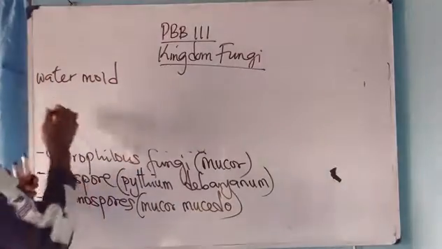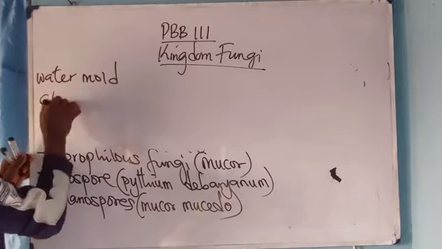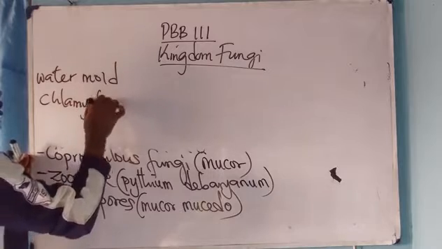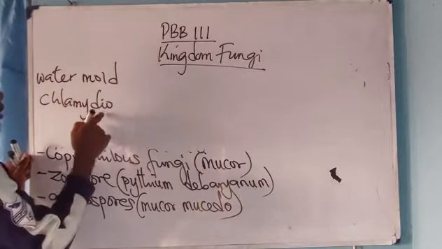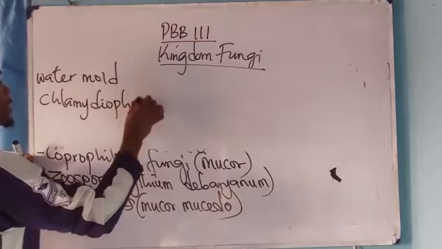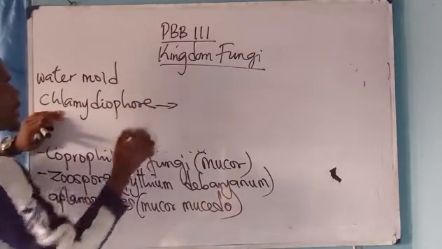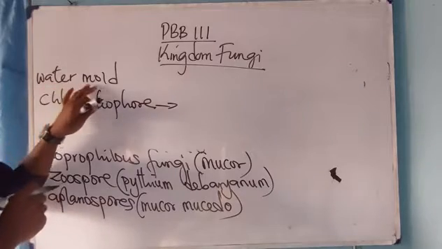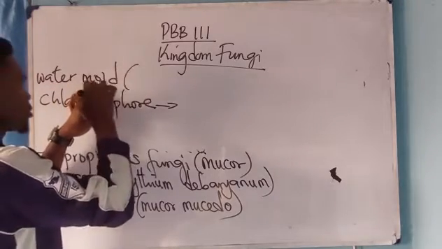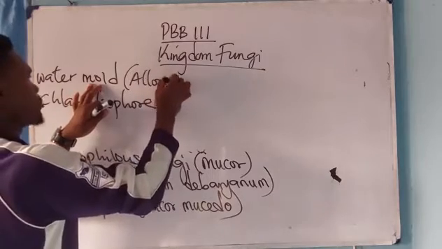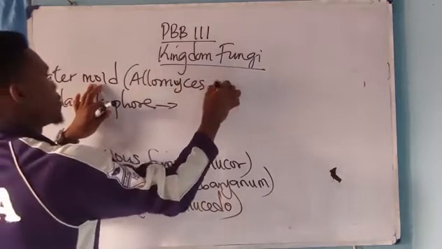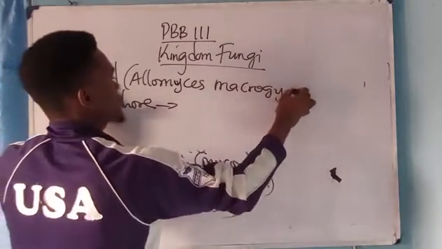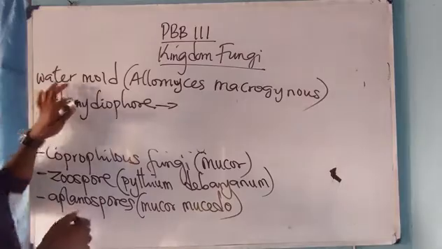These spores are called chlamydospores. They are produced by the water mold called Allomyces macrogynous.